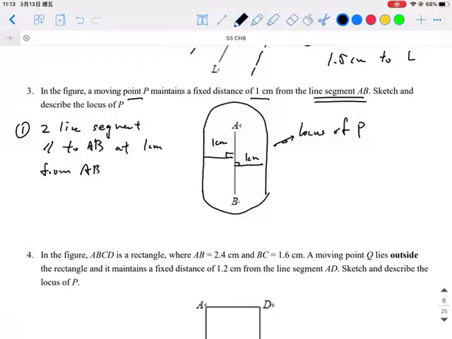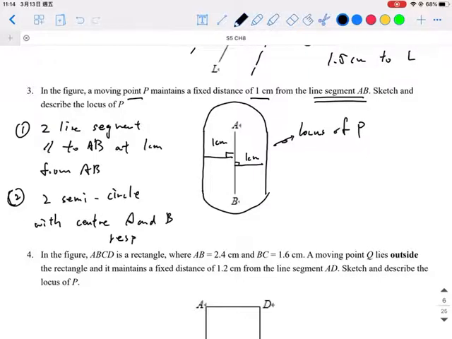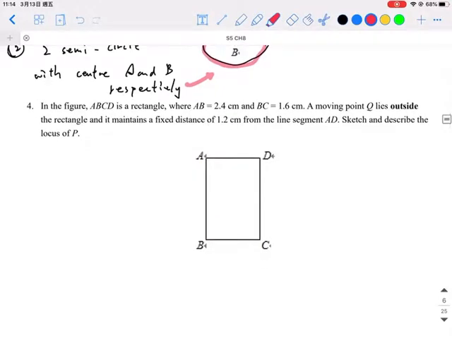The second point is two semicircles with centers A and B respectively. So you need to describe the first item as two line segments here, and the second one you need to describe as the two semicircles.